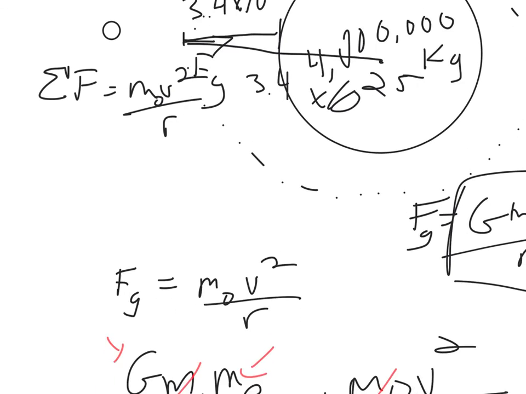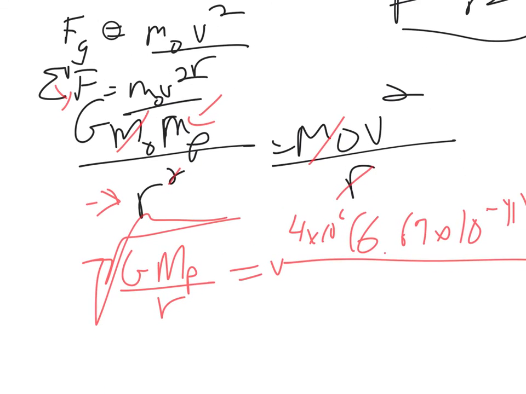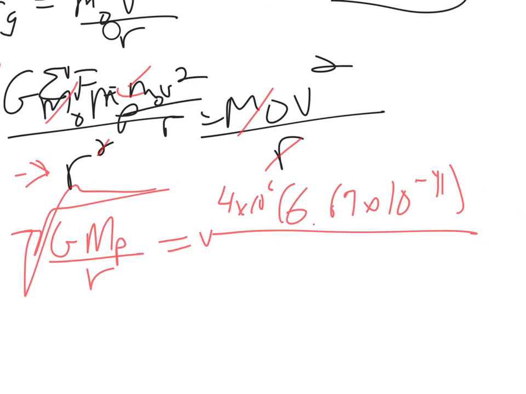Be careful with that. There will be test questions, whether it's on the AP test or your actual test, which will give you the radius, or sort of the altitude that the object is orbiting at, as well as the radius of the planet, and you're going to be expected to know to add those together to get the entire radius that you use in your equation.